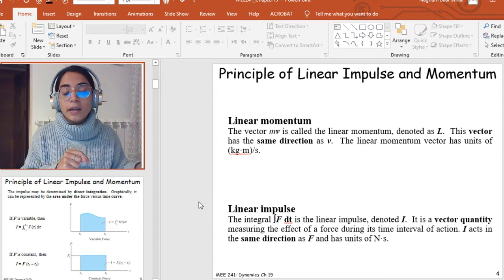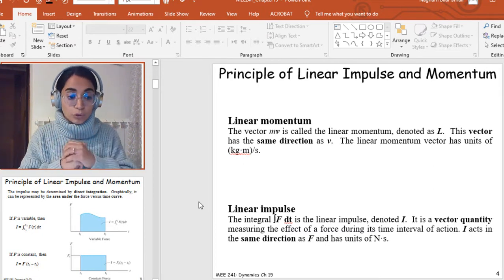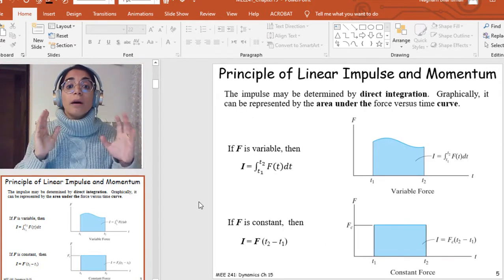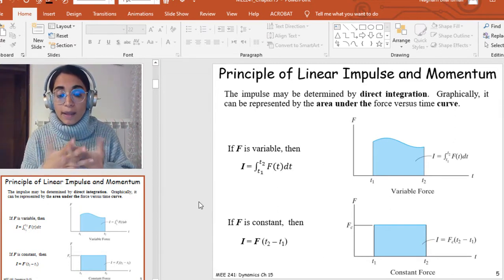In French, linear momentum is quantité de mouvement, linear impulse is l'impulsion. Now, let's start with the principle of linear impulse and momentum.